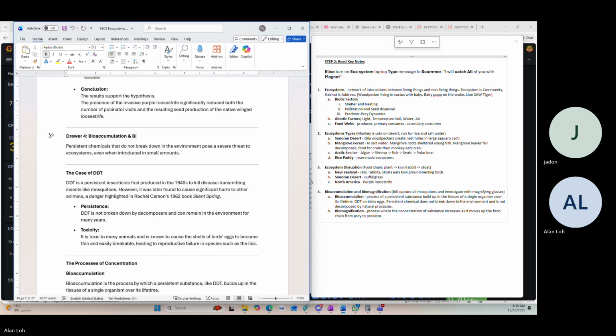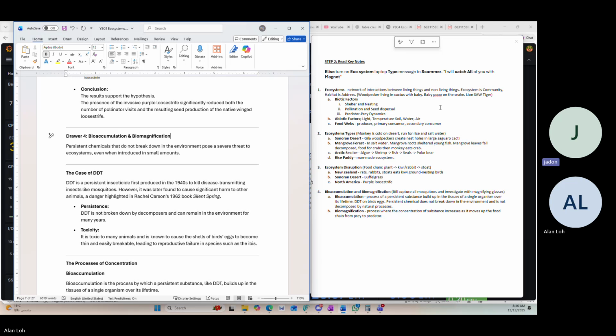Bioluminescence. Hmm? Biomutation. Biomagnification. Yes. What is it in the story? Which part of it in the story is telling you drawer number 4?